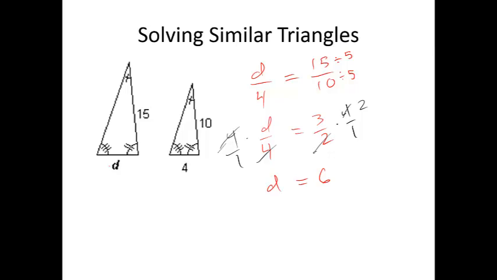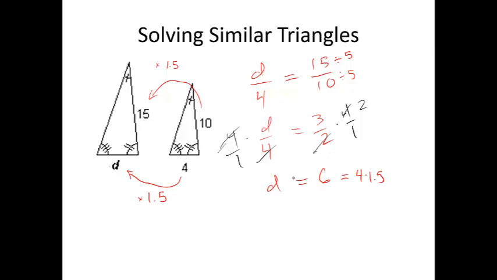And we can also notice something here, which is that sometimes we can see the scale factor. And what I mean by scale factor is that this triangle right here is just a blown up version of this one. So what if I took this and just multiplied it by 1.5? Is 10 times 1.5 equal to 15? 1.5 is also 3 halves, by the way. What if I took 4 and multiplied it by 1.5? I would get 6. 6 is equal to 4 times 1.5.